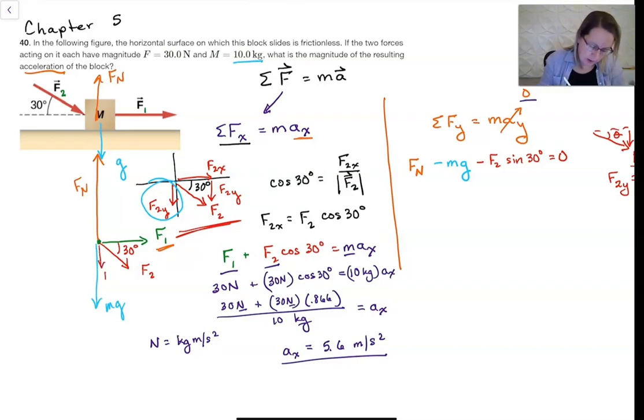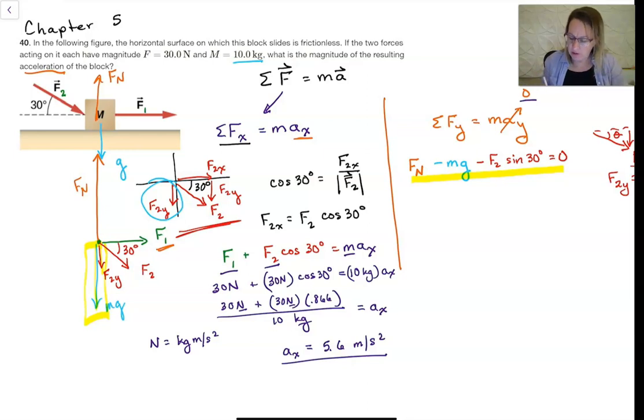If I call this F2y, these two things added together need to equal that. In other words, these two pieces need to equal the orange going up. That's exactly what this equation is giving me.